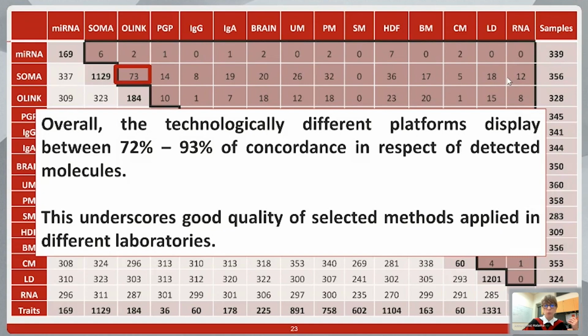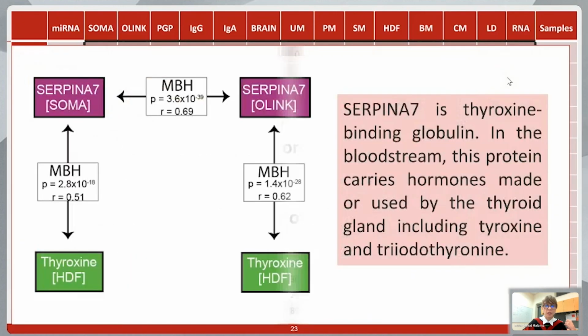Careful evaluation of those mutual best hits shows us that between 72 to 93% of those mutual best hits are showing concordance between identical molecules which are detected at two different platforms, which further suggests very good quality of our data, and also the methods which were applied in laboratories across the world.